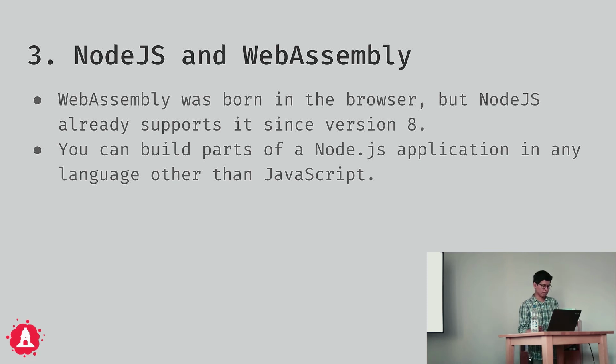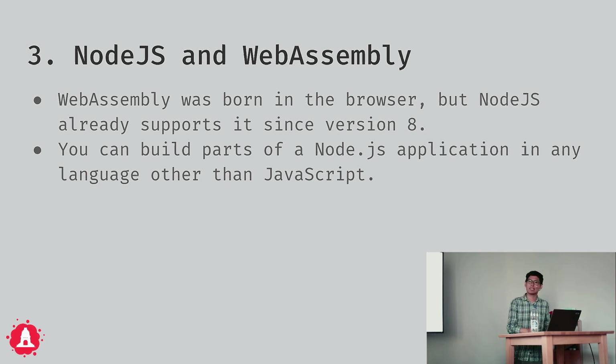So the next is Node.js and WebAssembly. Now we did see that it's possible with TypeScript compiled into WebAssembly, but how about Node.js? Because Node.js is basically on top of V8, and if we think more about V8, it also includes WebAssembly.